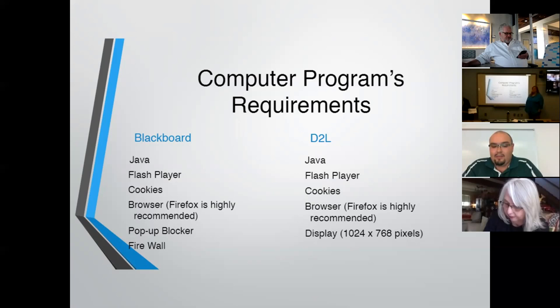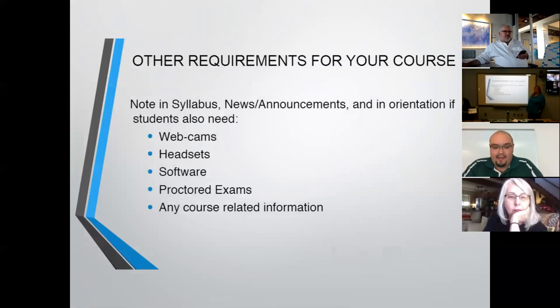You also want to make sure you're not having any firewall issues with either platform. If you are having any problems with the firewalls, you can contact AITC or the EOS Center. And resolution is also important for D2L. On the slide before, it gives you the exact measurements.